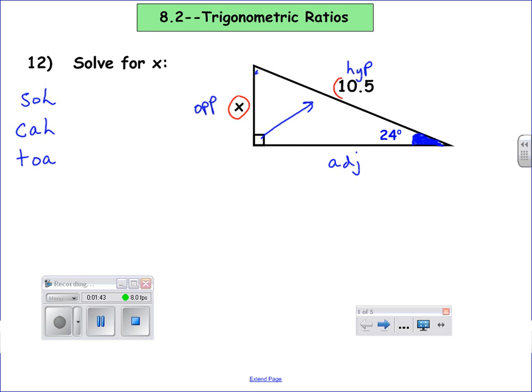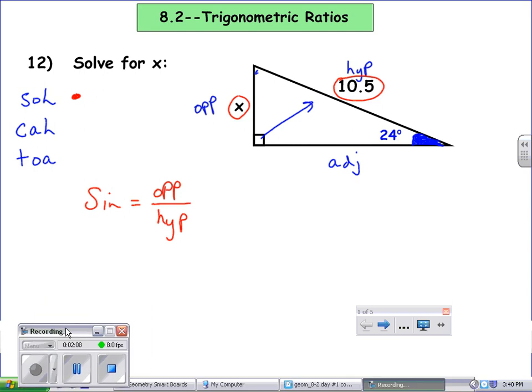We have the hypotenuse. So that's how we determine which of these we want. Which ratio has the opposite and the hypotenuse in it? Yes, it's the sine. The sine equals the opposite over the hypotenuse.